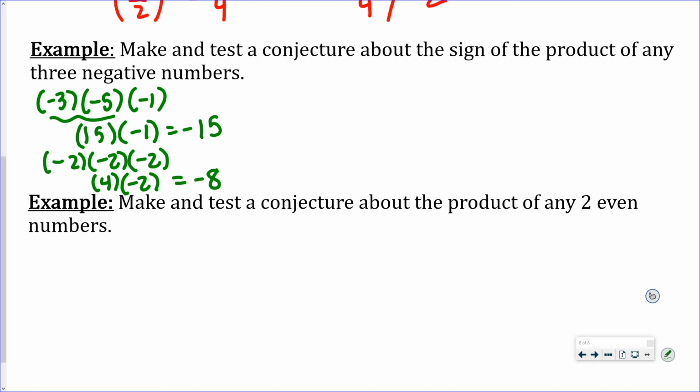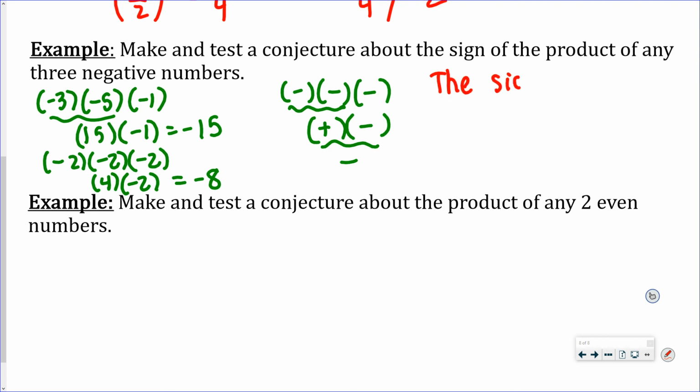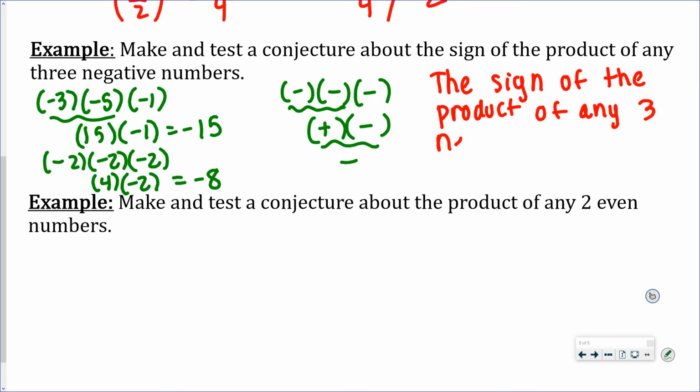Now let's think about that in any situation. If you have a negative times a negative, what is that always going to come out to? Positive product. And then what's a positive times a negative always going to come out to? Negative. So our conjecture is that the sign of the product of any three negative numbers, exactly like Alex said, is always going to be negative.